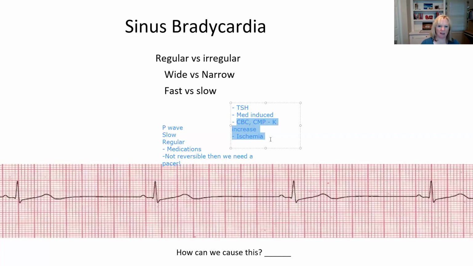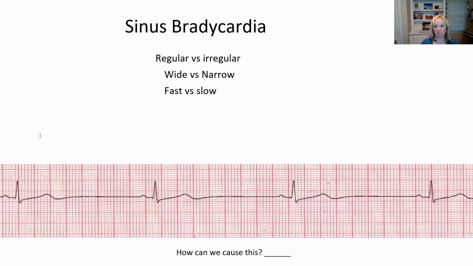And the key is they have to be symptomatic. If they're not, with no syncope, no dizziness, no lightheadedness, then that's someone we may be able to leave alone, because the big question we would ask them is, are you athletic?